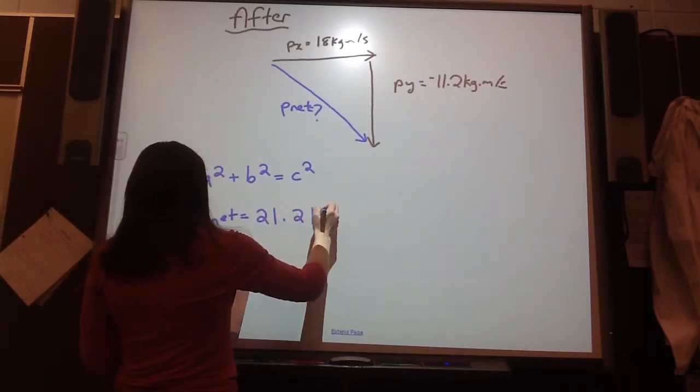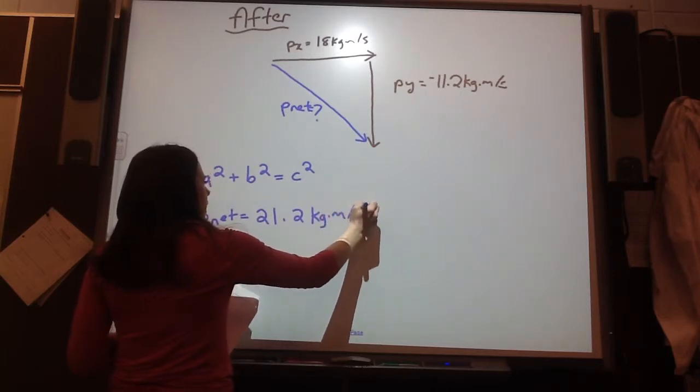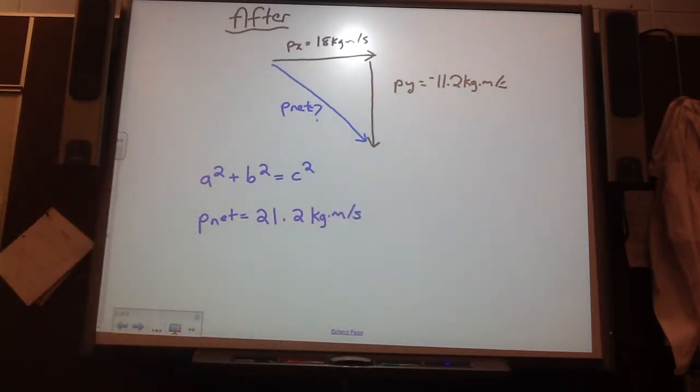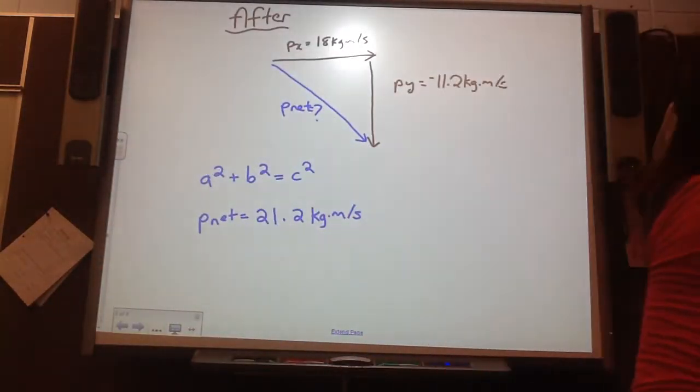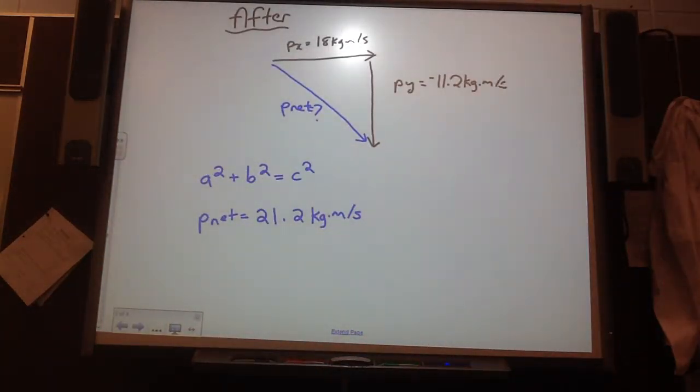So it's 21.2 kilograms times meters per second is our P net. Did I put something wrong? Oh, yeah. Because when you're squaring it.